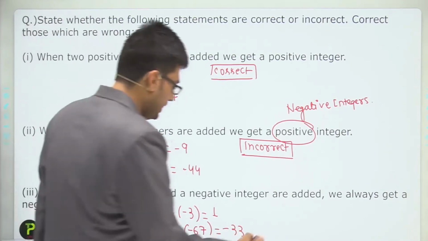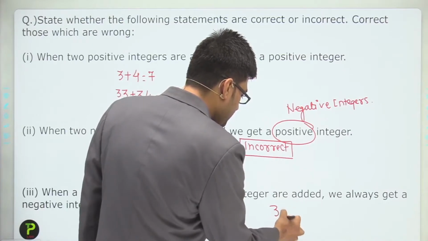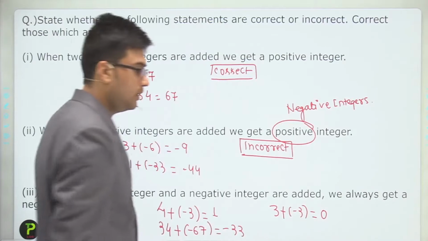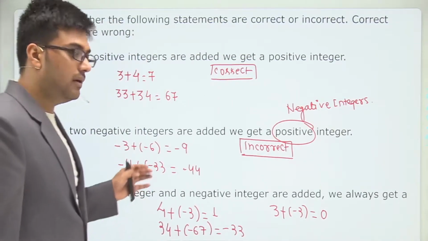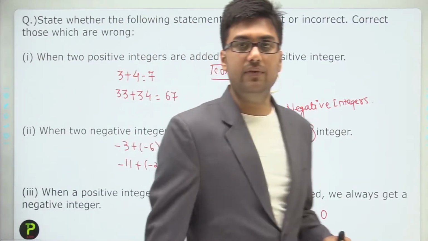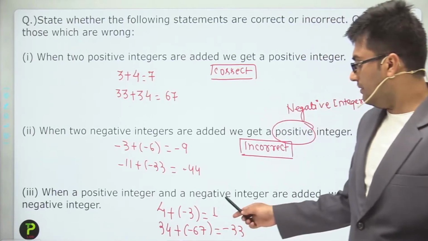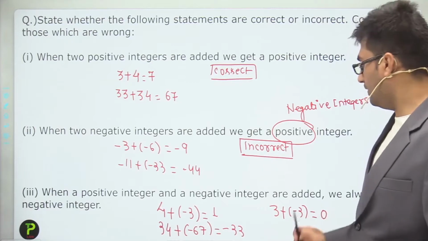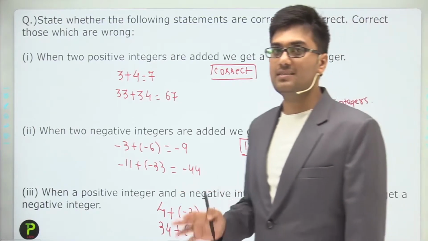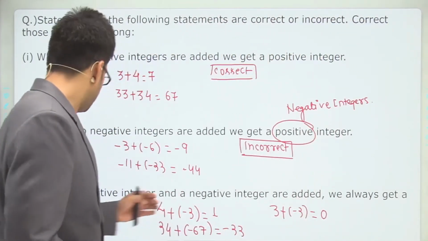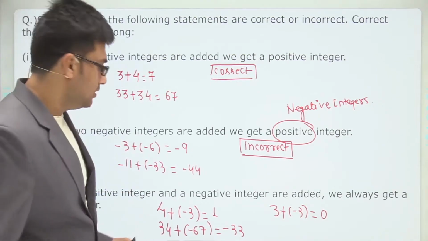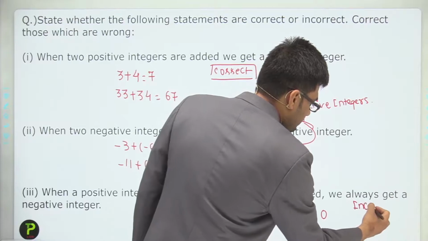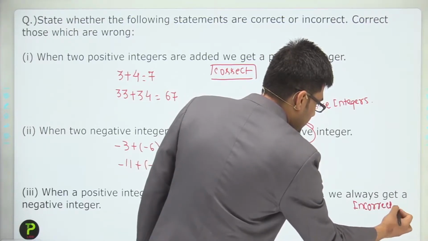And if we add 3 plus minus 3, we get 0. So when we add a positive and a negative integer, sometimes we get positive, sometimes negative, and sometimes 0. So it is not necessary that we always get a negative integer. So this is an incorrect statement.